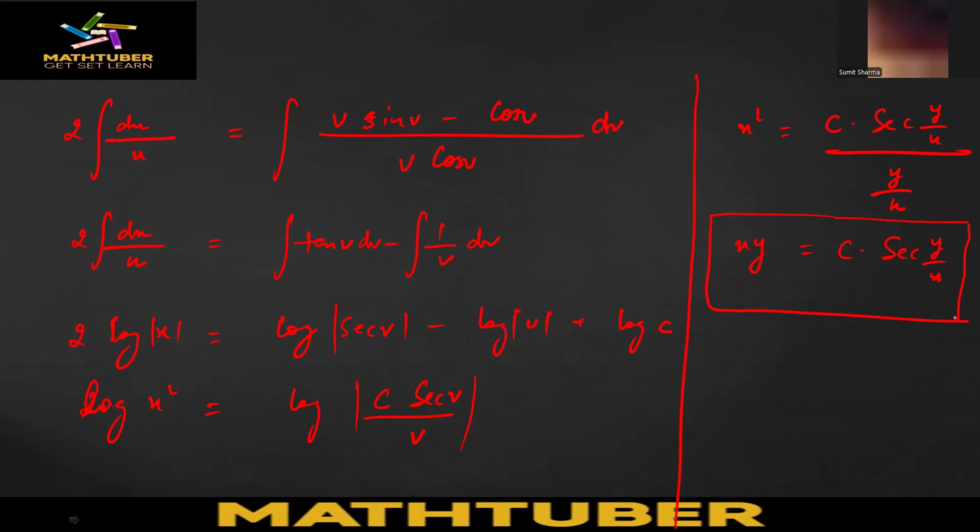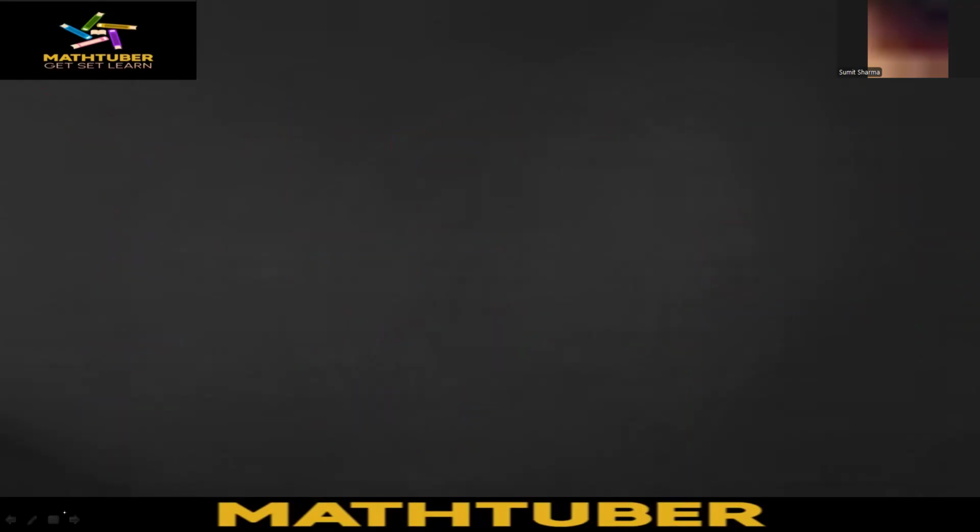Now let's try one question based on x upon y also, which is the 10th question. In the 10th question, (1 plus e raised to power x upon y) dx plus e raised to power x upon y (1 minus x upon y) dy is equal to 0.